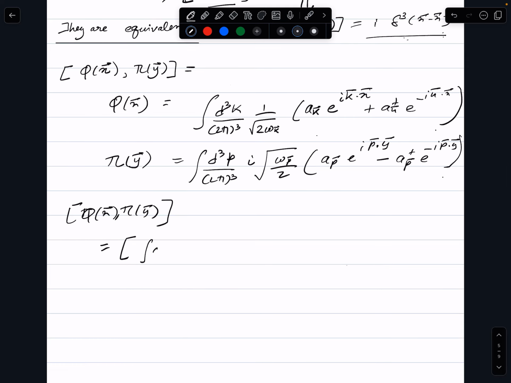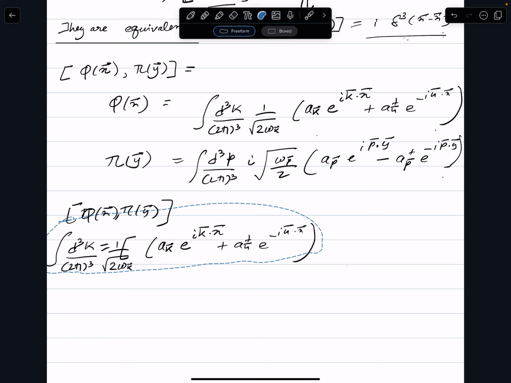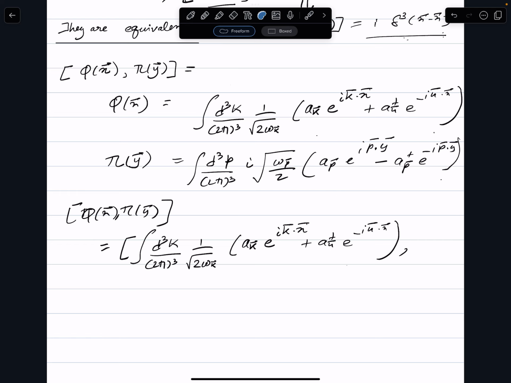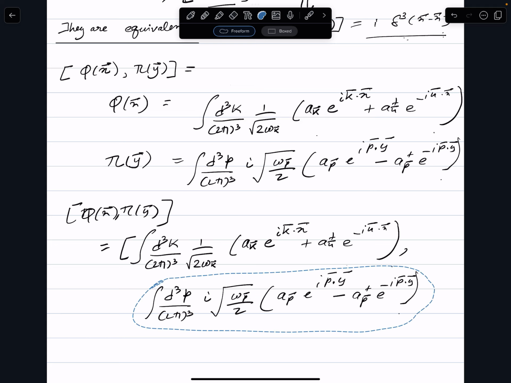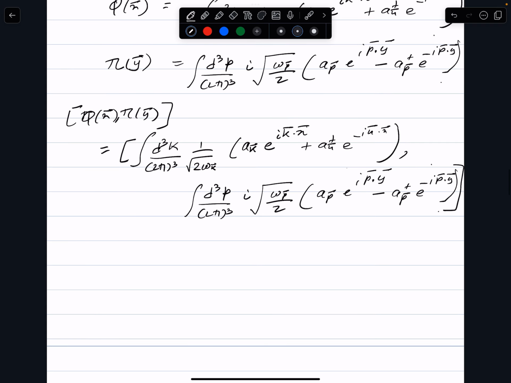So I have d^3k d^3p over (2 pi)^6, and of course we can take the integrals outside.